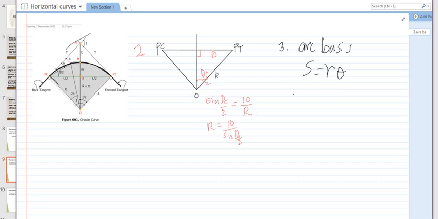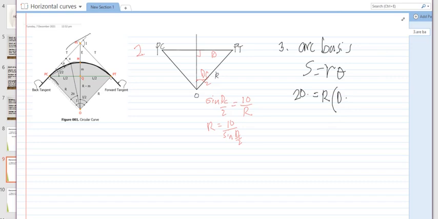We assume S is 20 meters, that is equal to R, and the angle is D, here DC. The whole arc is used, so the degree of curvature is I or D.